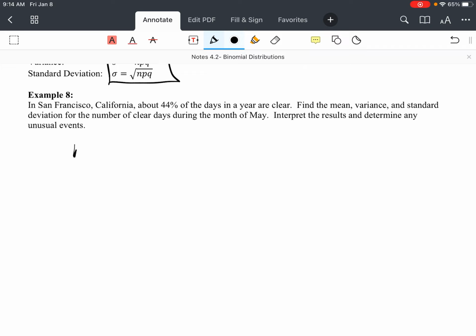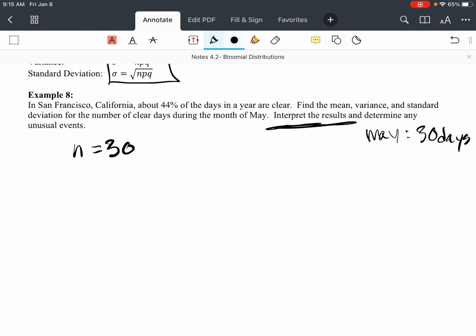So I'm just going to finish this example really quickly. It says in San Francisco, California, about 44% of the days are clear. We want to find the mean, variance, and standard deviation of the number of clear days during the month of May. May, by the way, has 30 days in it.